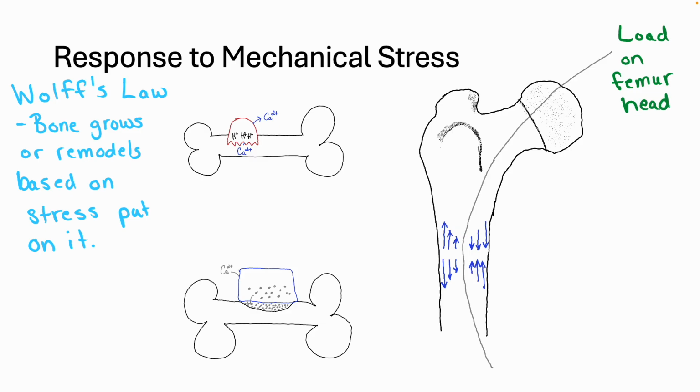It's going to be compressing the bone on the more medial end of it, and then on the lateral side of it, it is going to be taking the bone off.